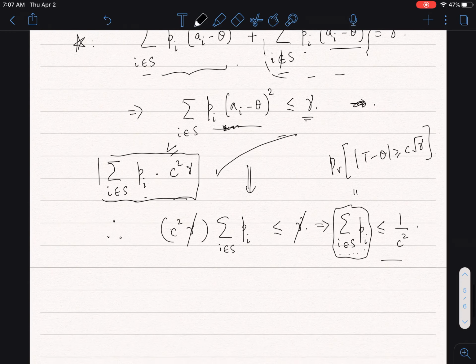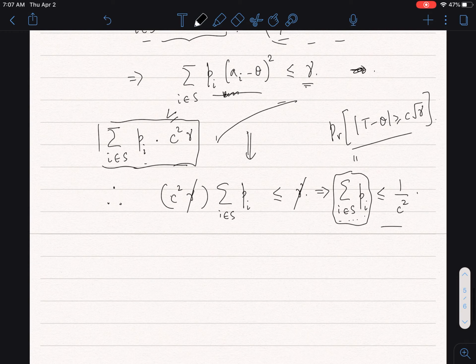Okay, so the important thing here is observing that this probability of |t minus theta| more than c root gamma is equal to this quantity. Okay, so this is why I chose to do this proof in the discrete case. If you want to review, try to spend time to convince yourself that this equality holds.